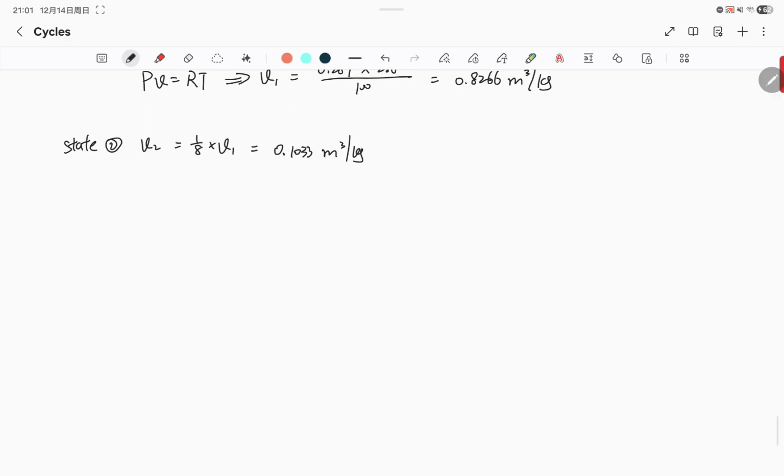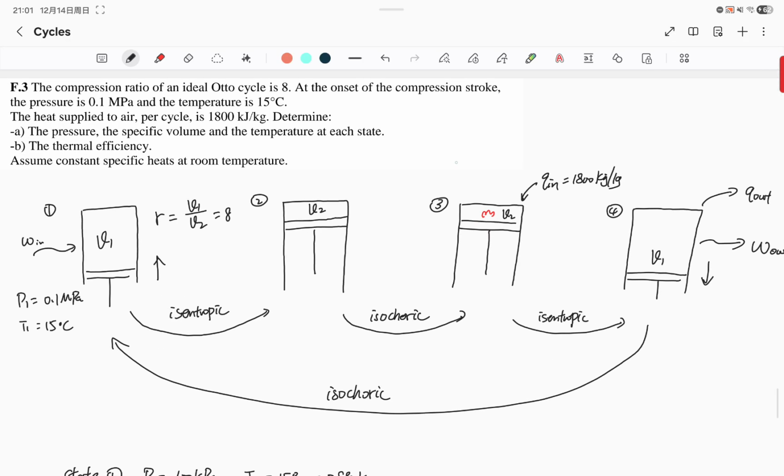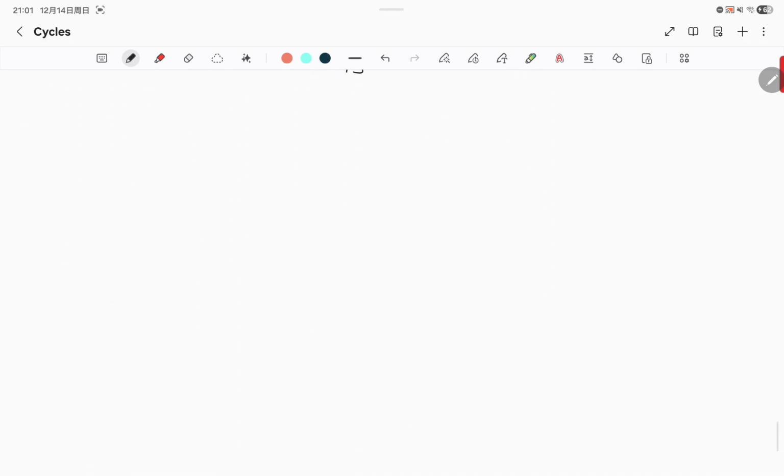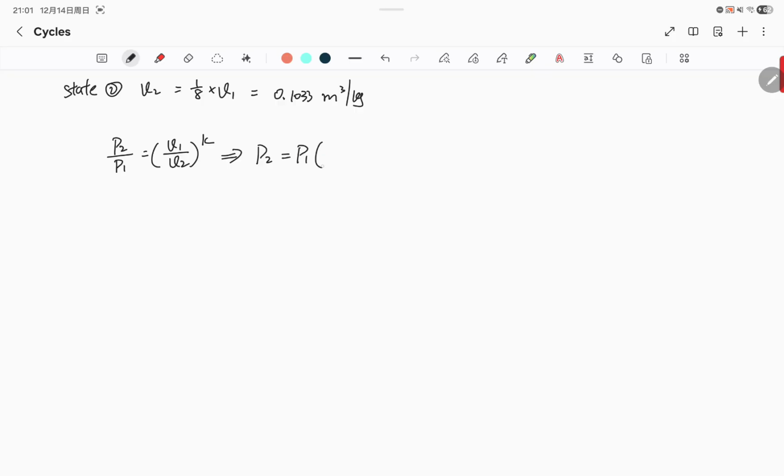Now, since state 1 to state 2 is an isentropic process, we can use isentropic relationships. This is found in the equation sheet. And our P2 is going to be P1 times (V1 over V2) to the power k.